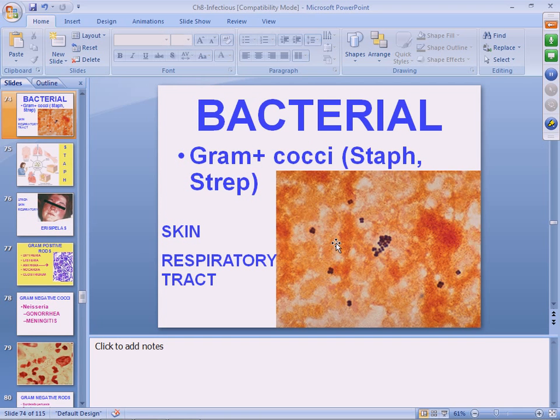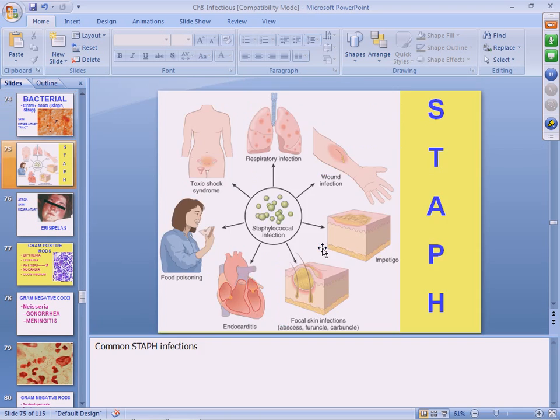Without saying much more, you know that that's probably going to wind up being either staph or strep. And they have immense expression of patterns of inflammatory reactions throughout the body. Probably the most likely place for a staph infection is a wound infection, a contaminated wound infection.